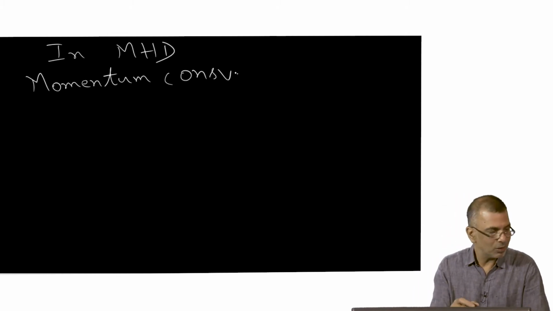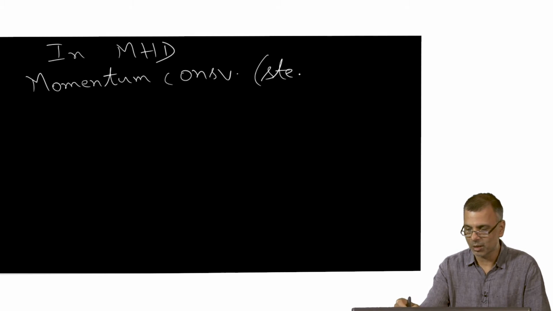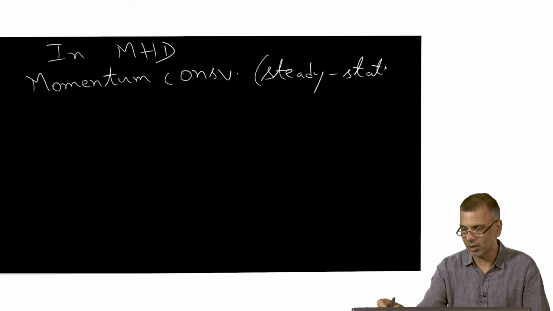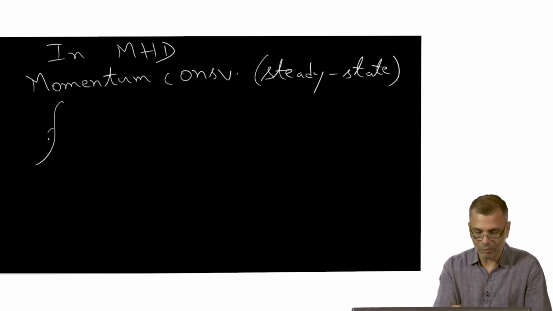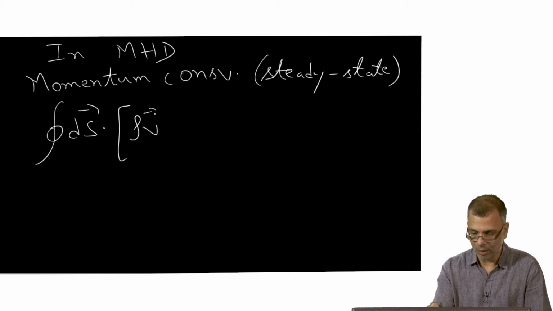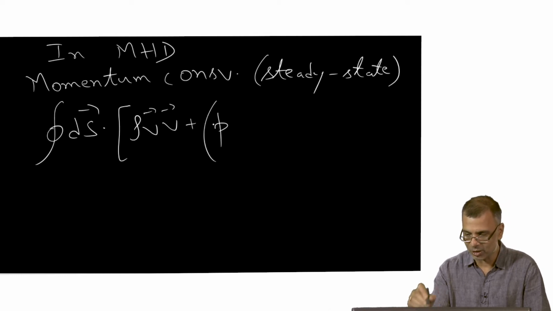So the momentum conservation equation, steady state as always, in other words the partial d partial t goes to 0, becomes ds dot, this chunk is the same as before, and this chunk is also the same as before, except now you add magnetic pressure.